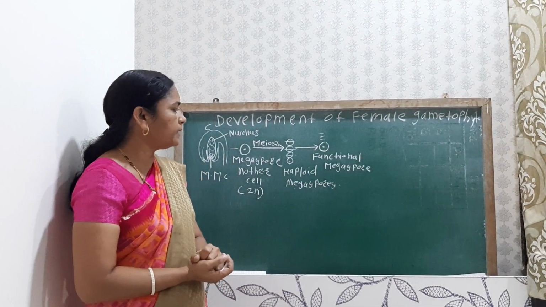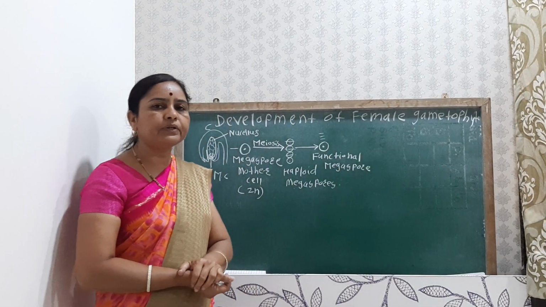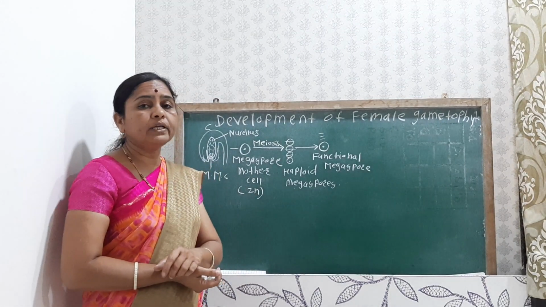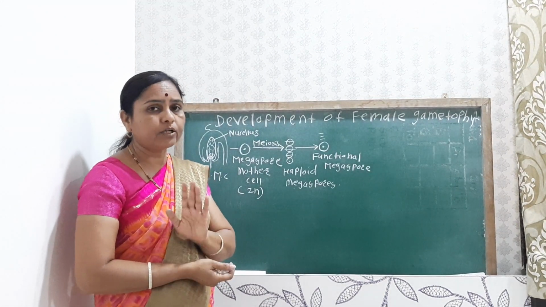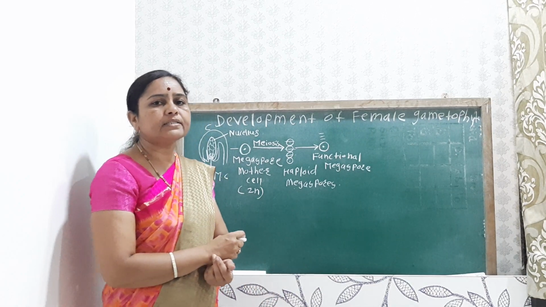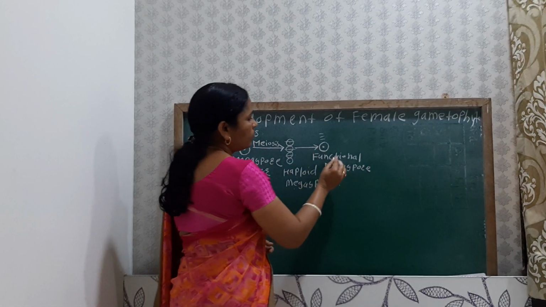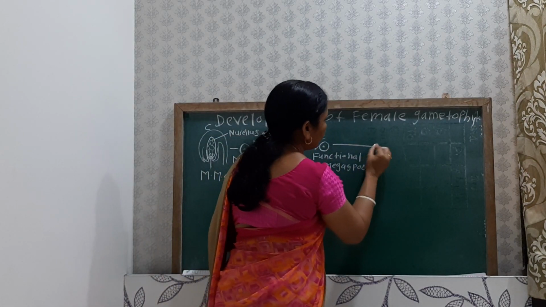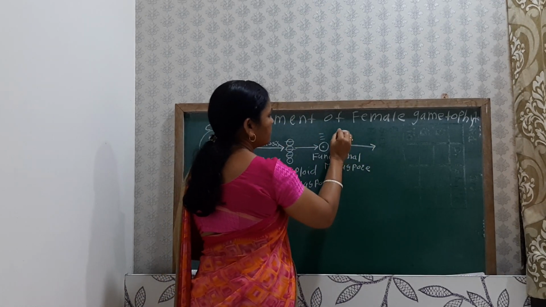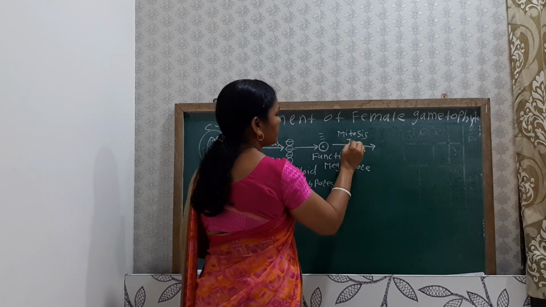So what happens is that this functional megaspore again divides by free nuclear division. Free nuclear division means only karyokinesis takes place, cytokinesis does not take place. Karyokinesis means the division of the nucleus. So from this one functional megaspore, the first karyokinesis takes place, which is mitosis.